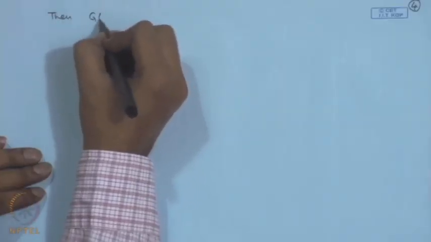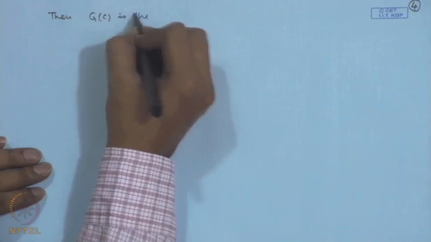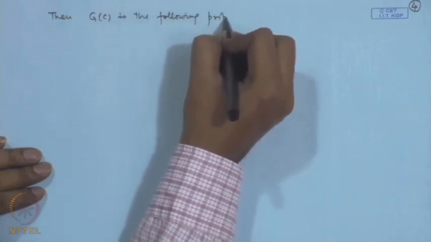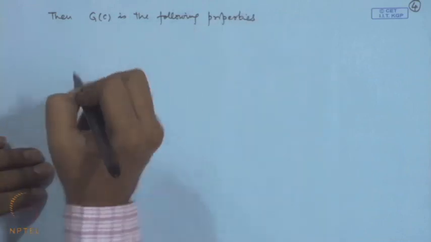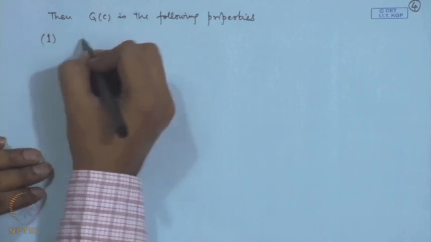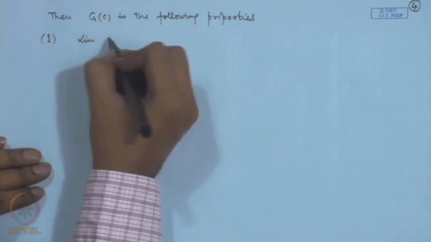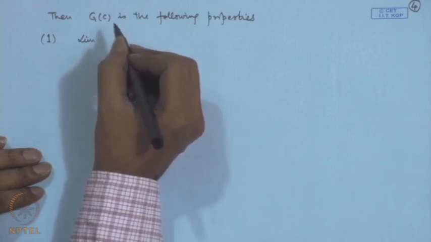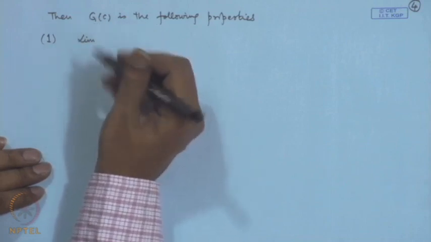Then G c has the following properties. So, for example, we know that limit of 1 minus G c as c tends to minus infinity, this should be 0.